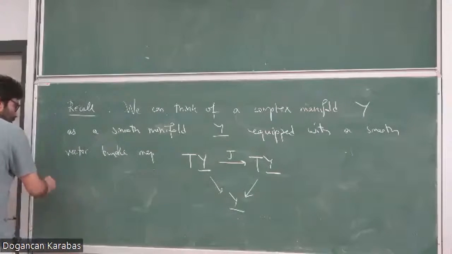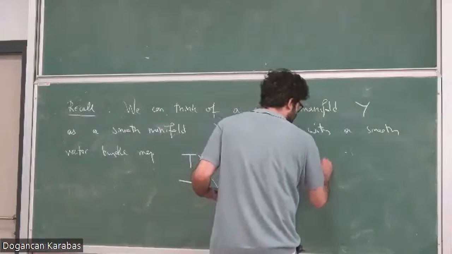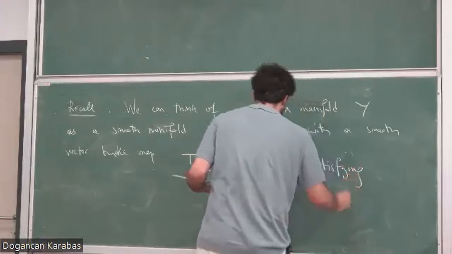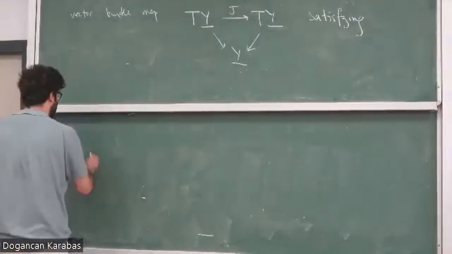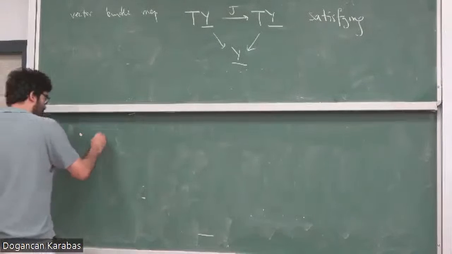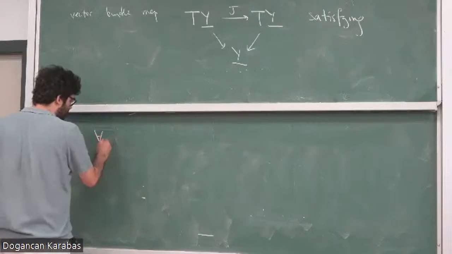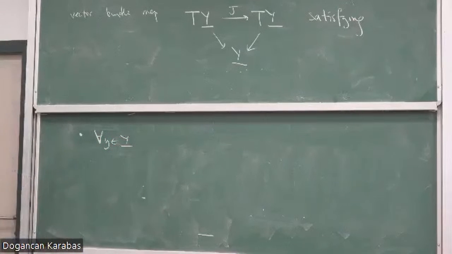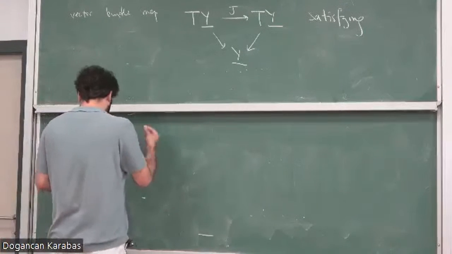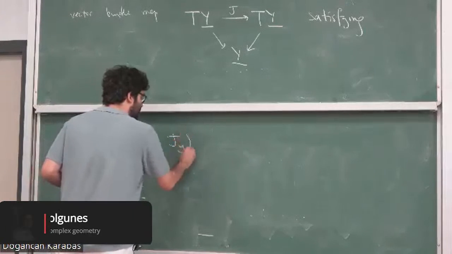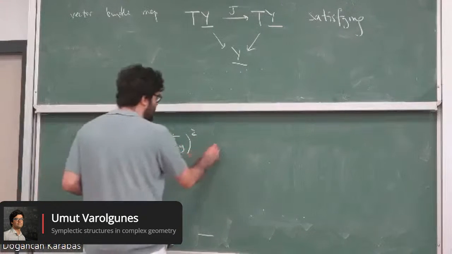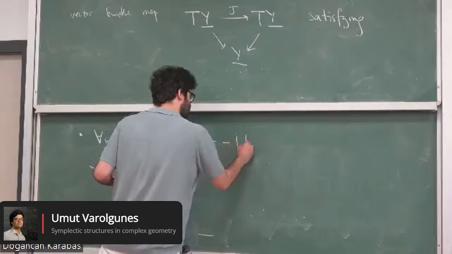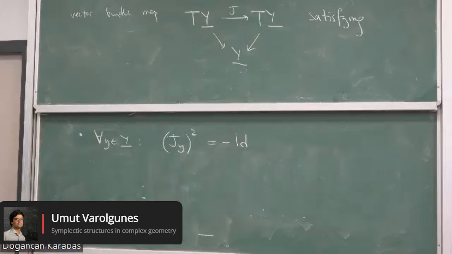And this satisfies some properties. The first condition is that for every Y inside my Y underline, the linear map associated to that tangent space should square to minus identity.